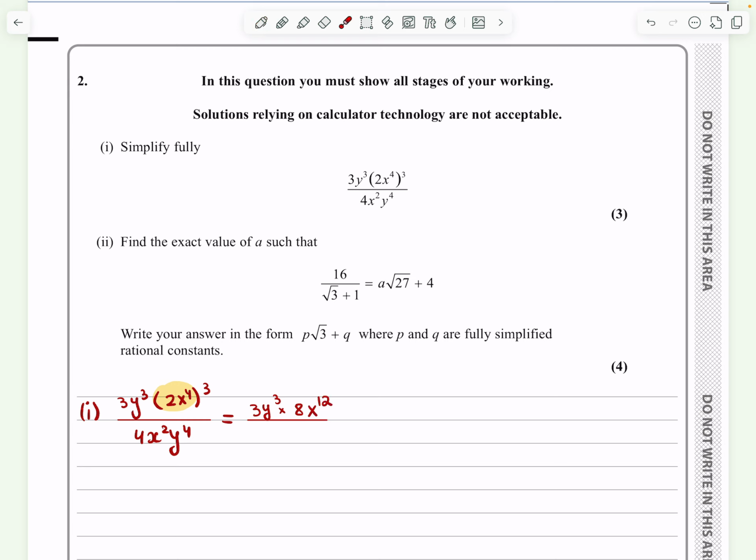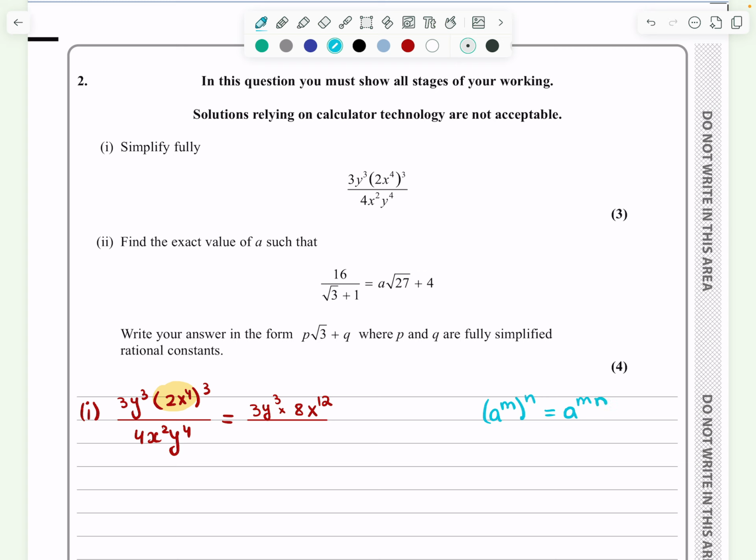So remember, that's a power law. If I write this as a law, it is something like this: a to the power of m, to the power of n, is a to the power of m times n, which is mn.